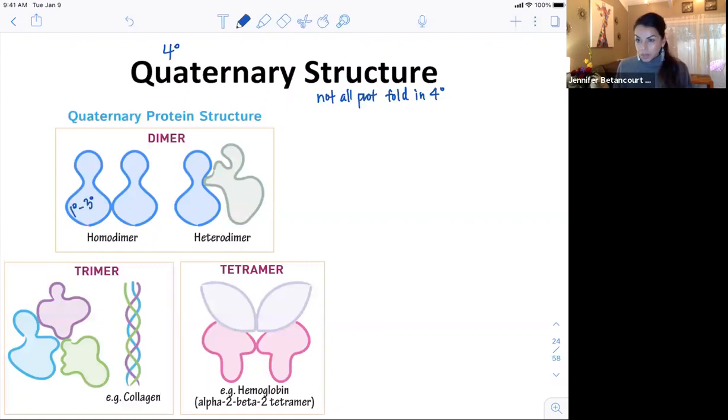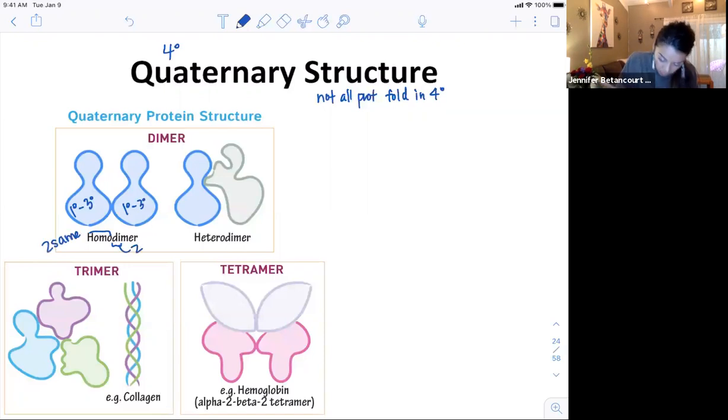Primary is not folding, but it's the sequence of amino acids. Here's the second one. If it's two copies of the same exact protein, and they are put together, there are 2 of them, so we call it a dimer. But because they're 2 of the same, we call them homodimers. So this is 2 of the same.